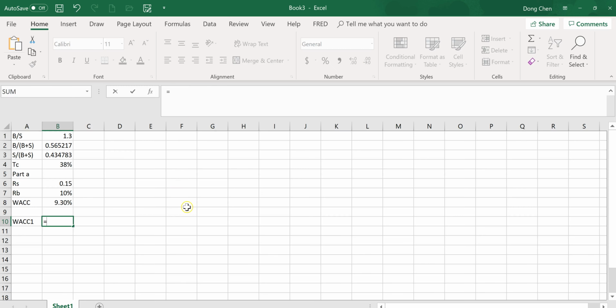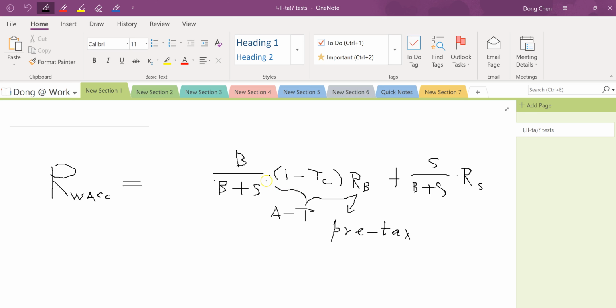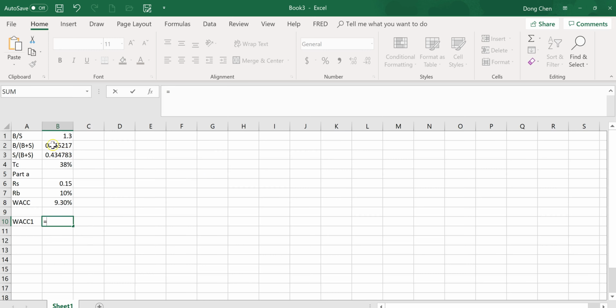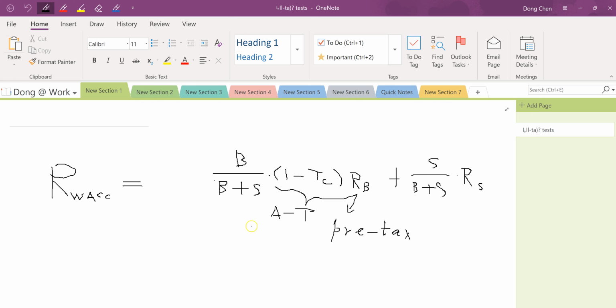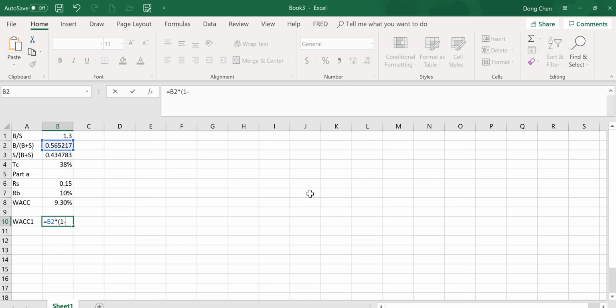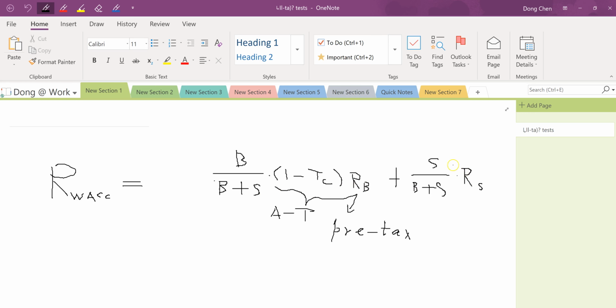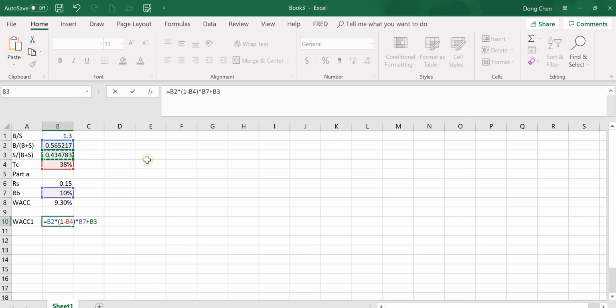Based on the formula, WACC1 is B over B plus S times 1 minus the tax rate, and then times RB, which is assumed to be 10%. Let me proceed with that assumption. Now the second part, S over B plus S, it's right here, and then times RS.